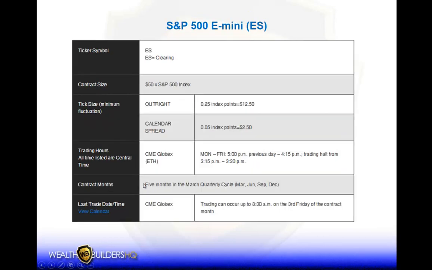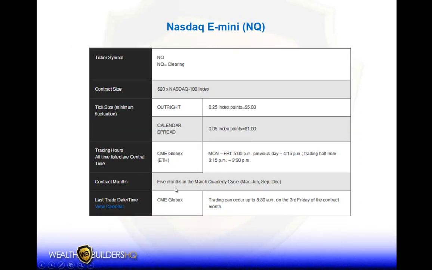On the S&P 500, it says 5. And on the NASDAQ, it says 5. Now, I did not make this sheet up. I captured these from the Chicago Board of Trade, CBOT, and CME websites. So the NASDAQ and S&P, they have the wrong number there. It's not 5, that's actually 4 that we're looking at there.